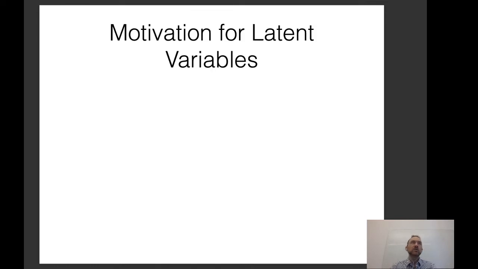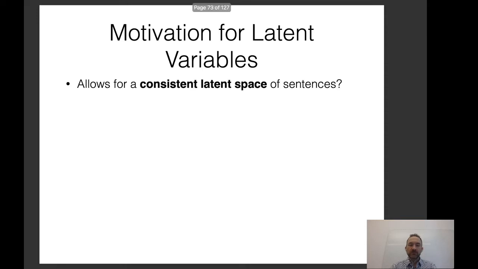But why would we want to do this in the first place? We already know, for example, that regular language models trained using teacher forcing and maximum likelihood work reasonably well. So what would be the motivation here? One is that they could potentially allow for a consistent latent space that describes sentences.